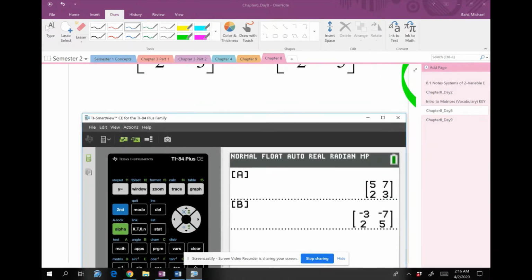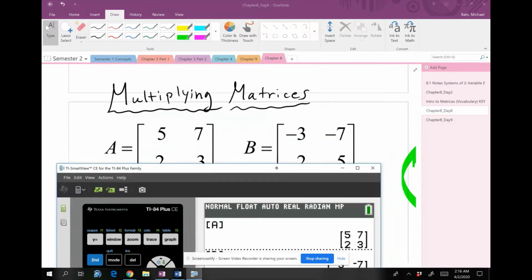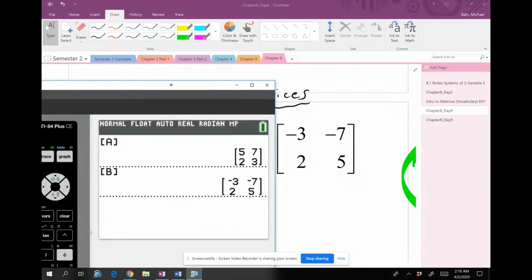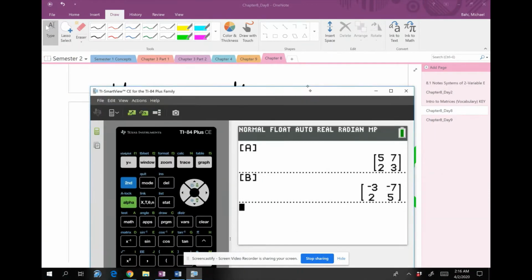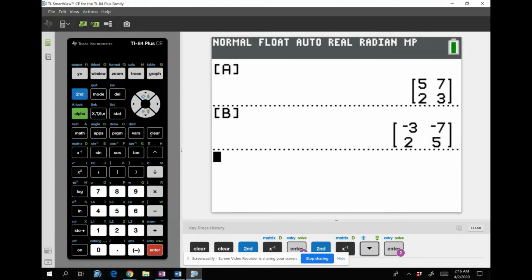So I have, let me just make sure I wrote them down correctly. There's matrix A and matrix B. Yep, looks good to me. So I already put them in, and I just have this here to show you that I already wrote them in.